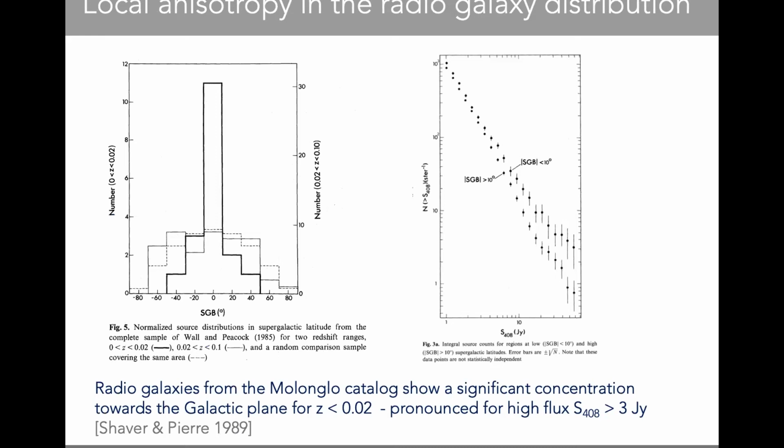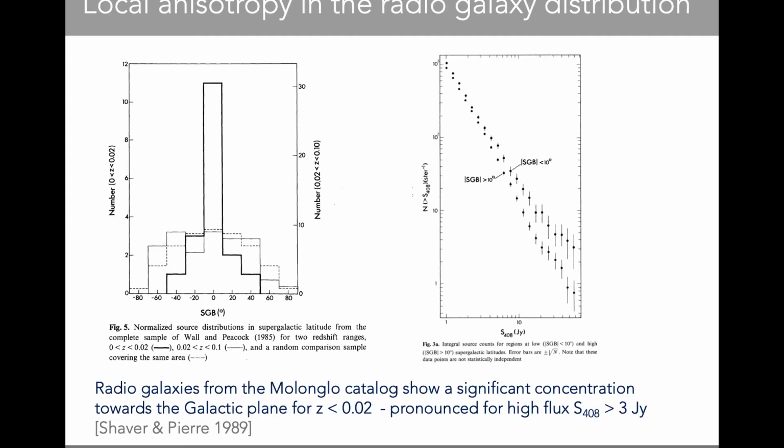They look at bright radio galaxies from the Molonglo radio catalog, and they see that there is a strong segregation of radio galaxies towards the supergalactic plane. Tully claims that this is a really very large structure with a diameter of almost 360 megaparsecs.